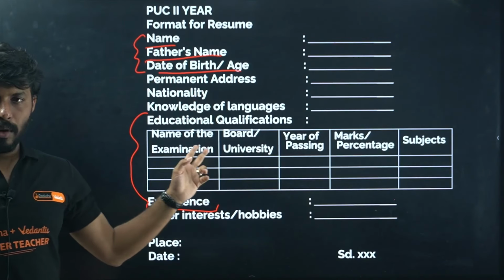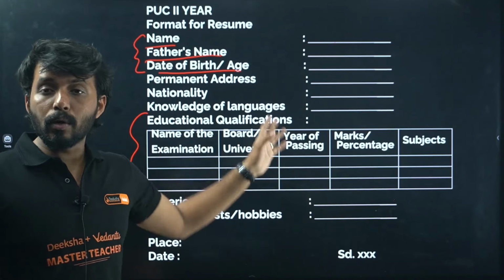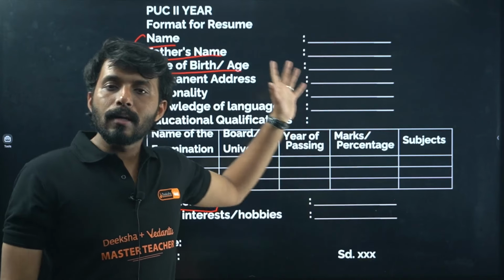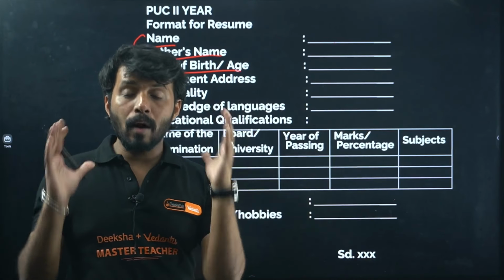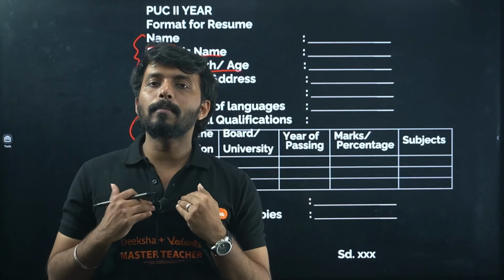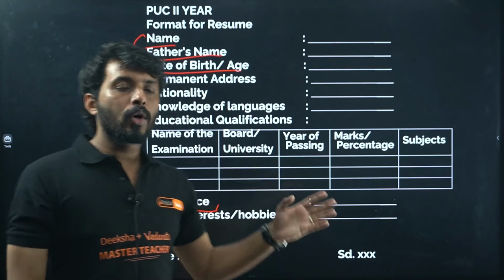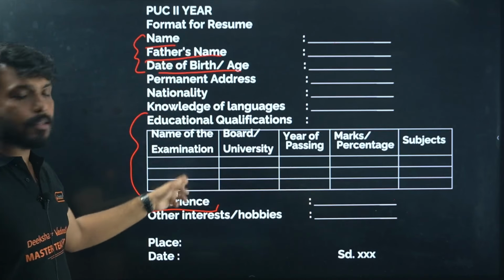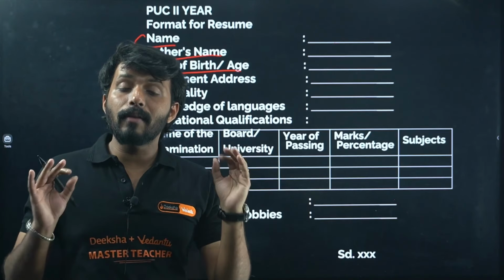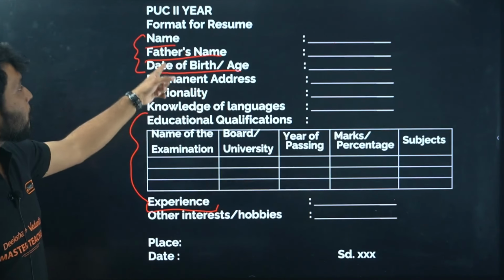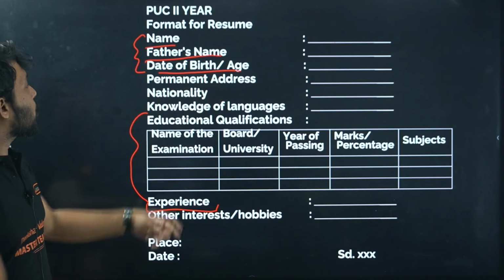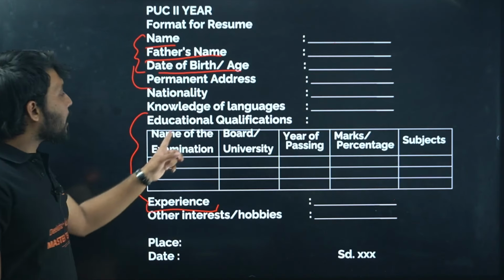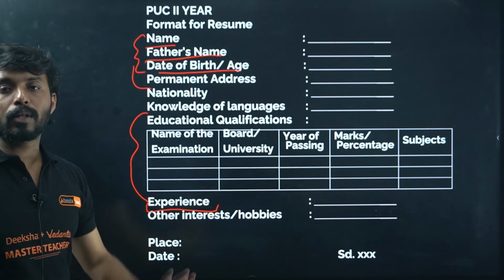Again, I'm not telling you to forget the other things. You should study the whole thing. But if you cannot, I would personally suggest you write these things at least: the name, father's name, date of birth, and your permanent address, and the educational qualifications with your experience.